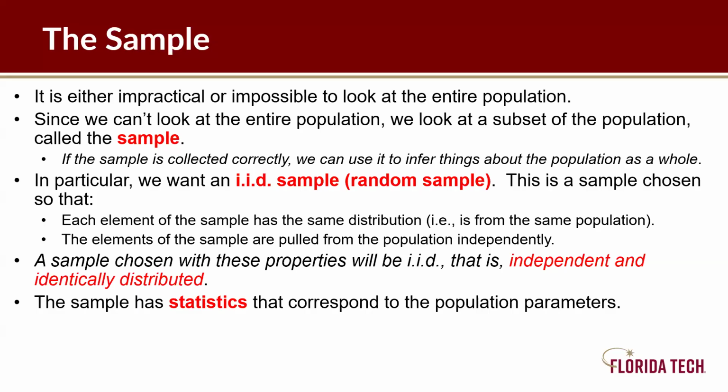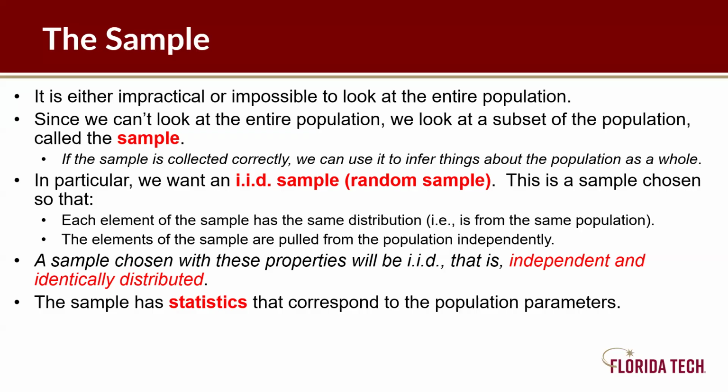Okay. So IID means, as you see in the point right below, independent and identically distributed. Whether we call it IID or random, it is a sample chosen so that each element of the sample has the same distribution, in other words, from the same population.